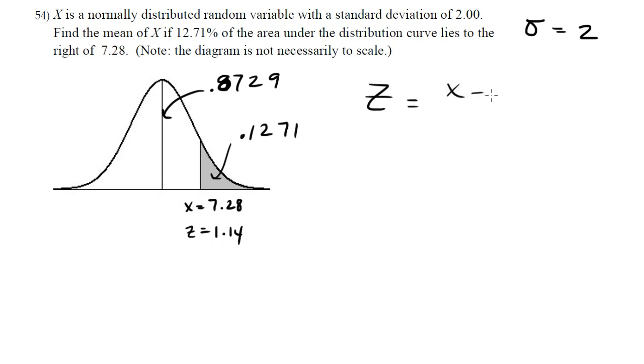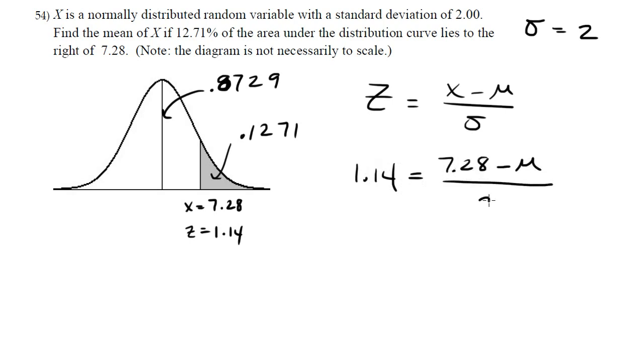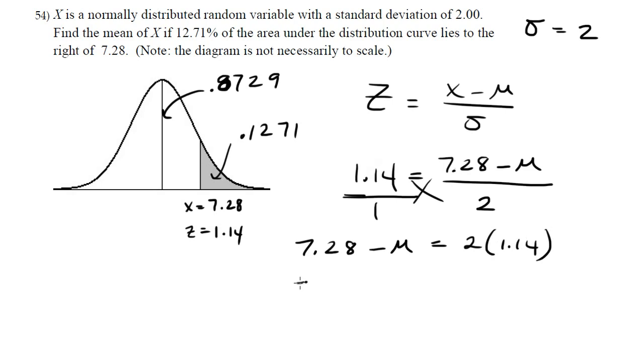Using this formula that's on your trusty formula sheet. I know z now. So 1.14 equals 7.28, that's my x value, minus the mean, which we're trying to solve for, divided by 2. Let's cross multiply. 7.28 minus the mean equals 2 times 1.14. 7.28 minus the mean equals 2.28.